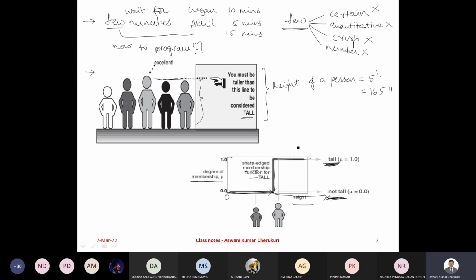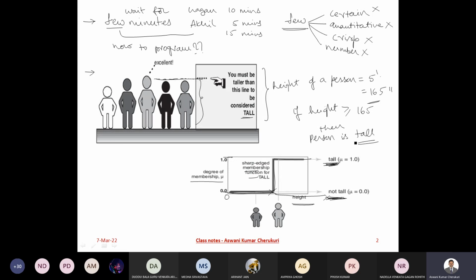Then you say that if the height of the person is greater than or equal to this particular number, then the person is tall.